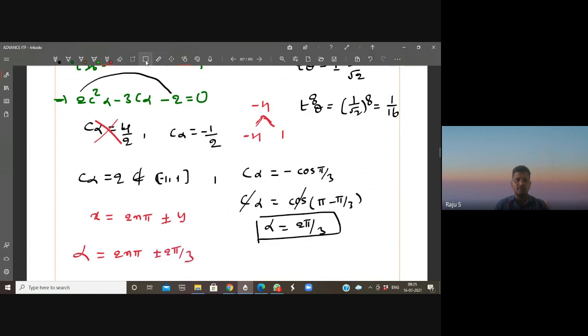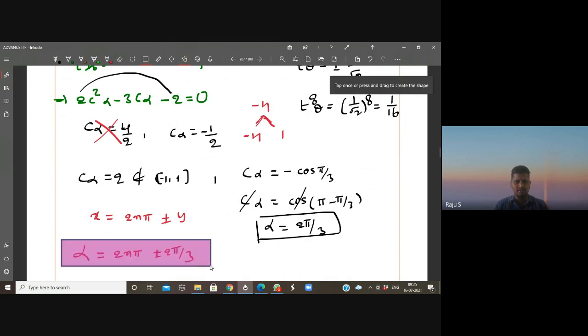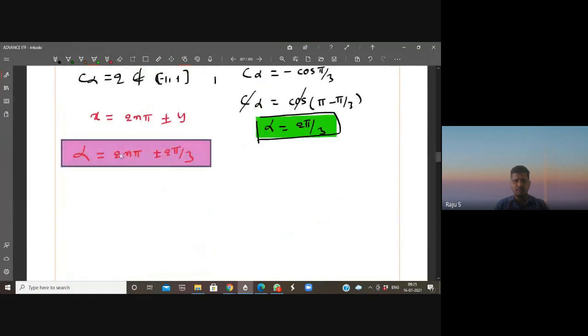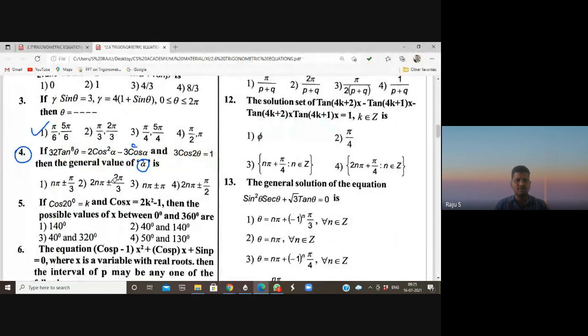That's all. This is the general solution. Alpha equal to 2 pi by 3 is just one of the alpha values. So if you want to know all the solutions, it is given by 2n pi plus or minus 2 pi by 3. So which of the options is correct, students?